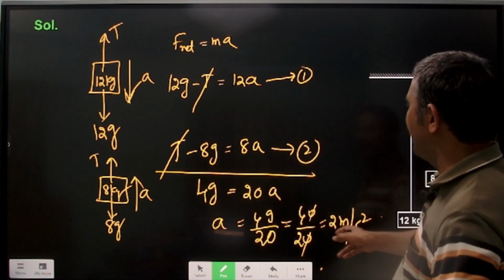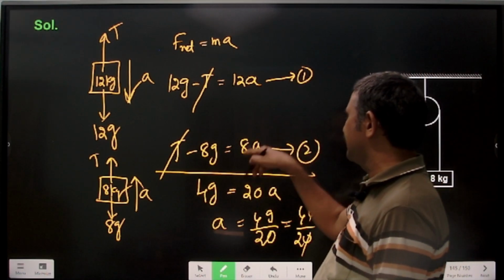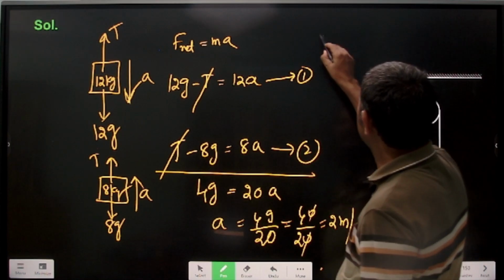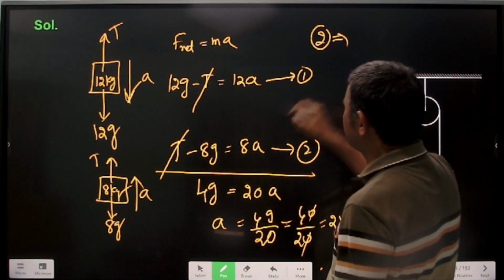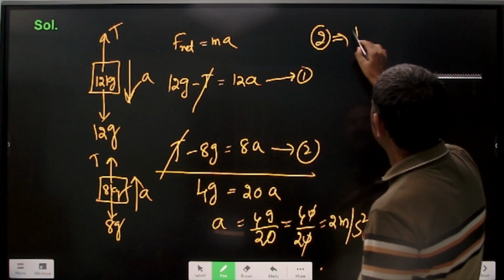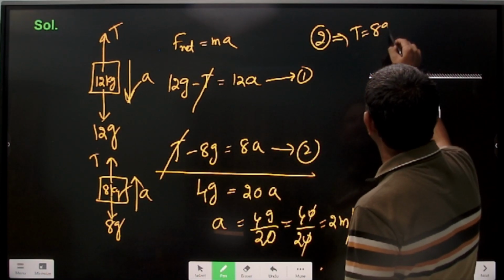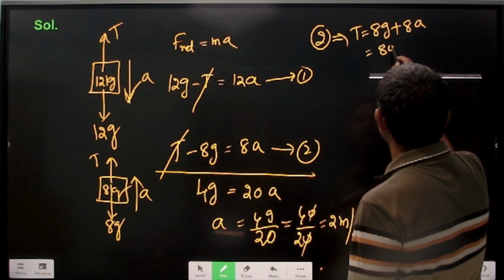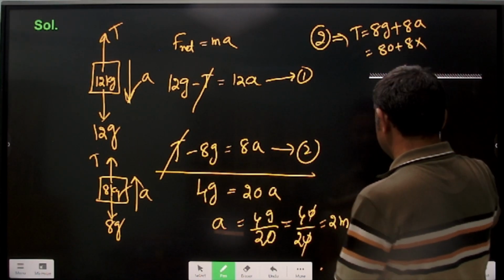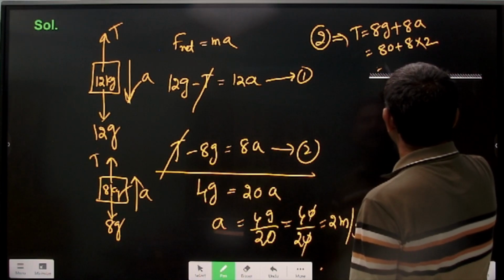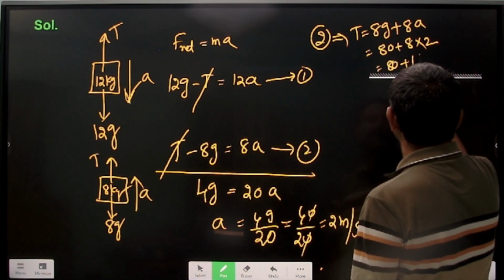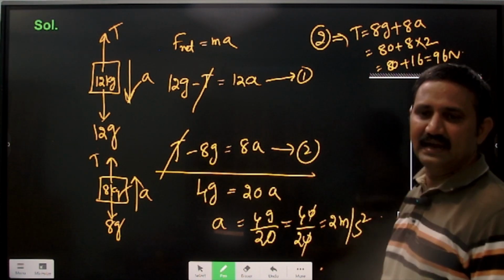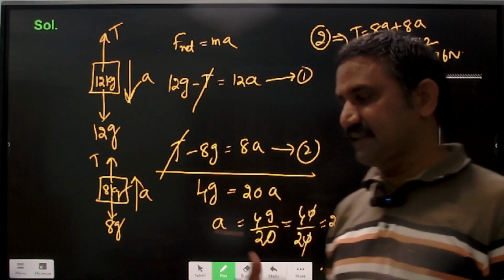Substitute this A value in either equation number 1 or equation number 2, then you will get the tension. Suppose from equation number 2, T minus 8g is equal to 8A, so T is equal to 8g plus 8A, that is 80 plus 8 into 2, that is 80 plus 16, that is 96 Newton, the tension in the string.